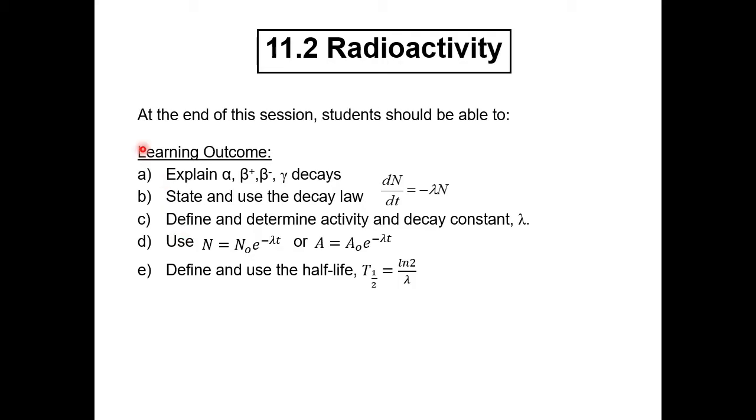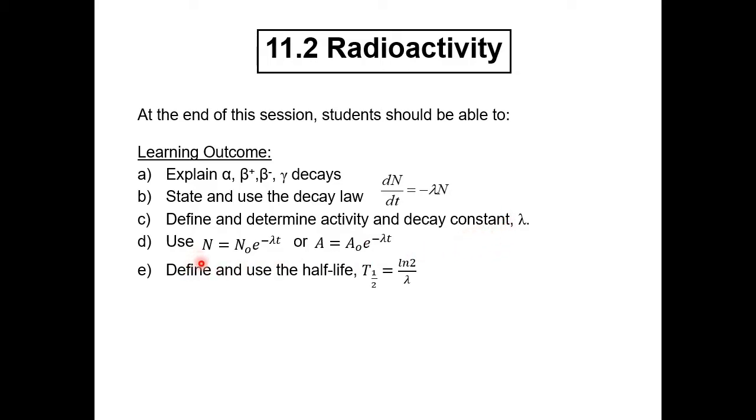Let us learn radioactivity, learning outcome 11.2. You need to explain alpha, beta plus, beta minus, and gamma decays. The second one, you need to state and use the decay law, dN over dt equal to negative lambda N. Third, you need to define and determine activity and decay constant, lambda.